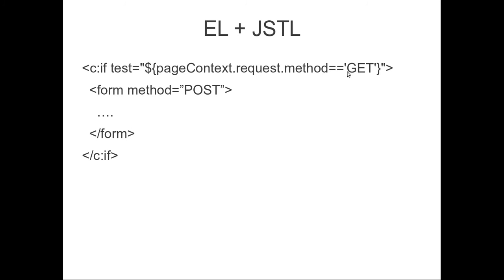Well, we should only display this form if the method that we got here is get. If we post it here, we don't need to display the form again. So we might have an inverted condition or an else statement to say, all right, if this is the post, let's actually do the thing and show the results. If it's the get, let's just show the form, and we might do that for just one simple JSP page.